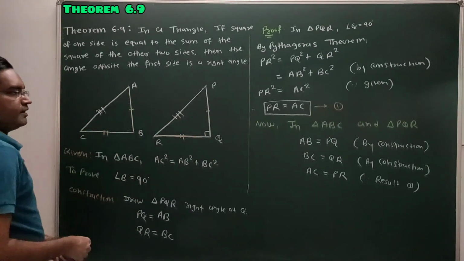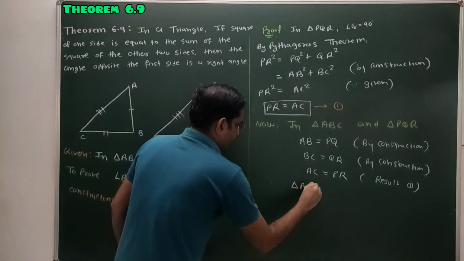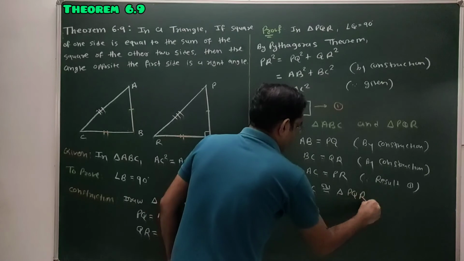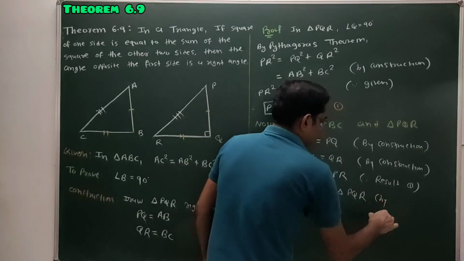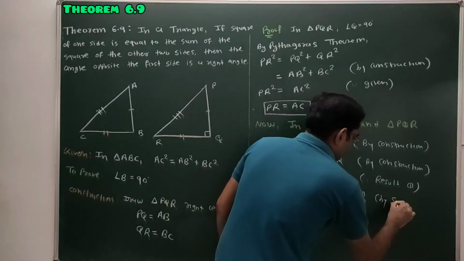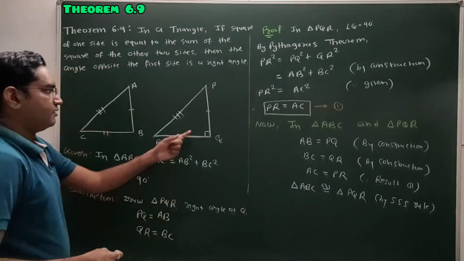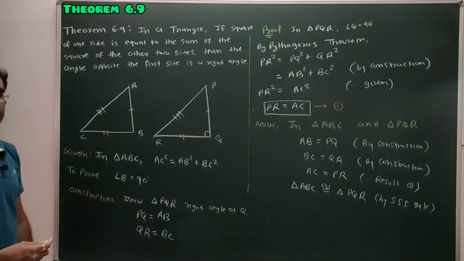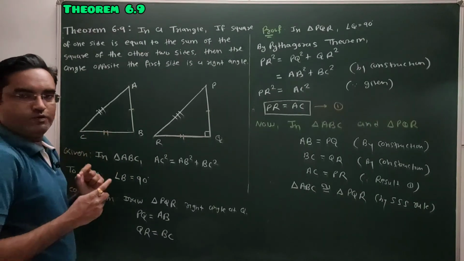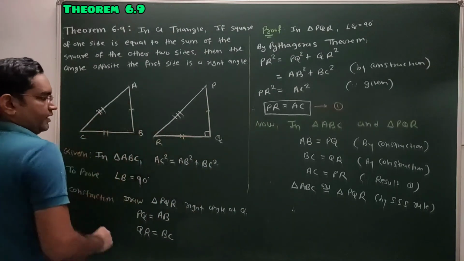All three corresponding sides are equal, and therefore triangle ABC is congruent to triangle PQR by which rule? By the side congruence criteria, these two triangles are congruent. And if two triangles are congruent, all their corresponding parts are equal, and therefore these two corresponding angles are equal.